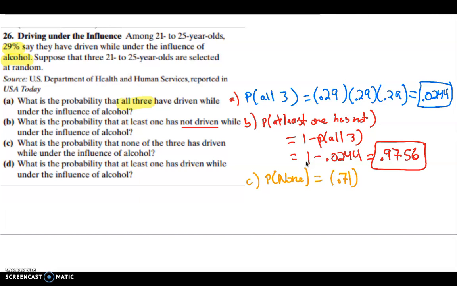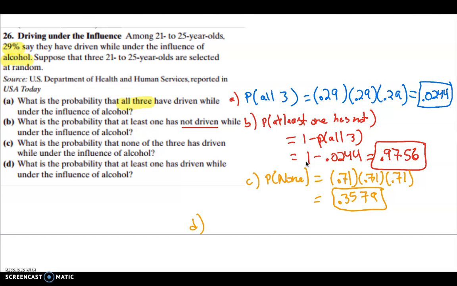And if all 3 have not, then you would just do 0.71 times 0.71 times 0.71, because we're randomly selecting individuals, so we can assume they're independent of one another. So this is 0.3579. So there's a 35.79% chance that all 3 you select will have not driven under the influence.